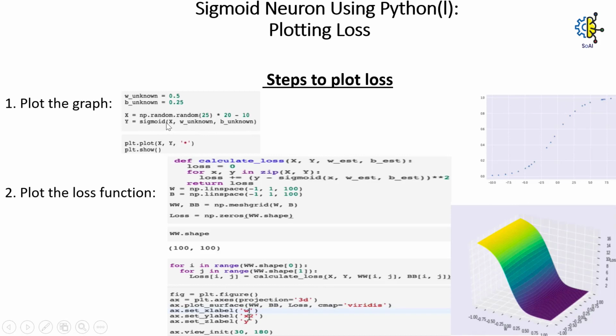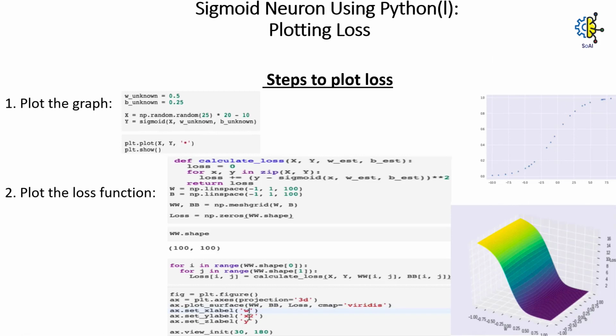Similarly, y is equal to sigmoid function with parameters x, w_unknown, b_unknown, and after that plt.plot function with parameters x, y, star, and after that plt.show function. You can see this here. It will show in the form of stars with x-axis and y-axis.